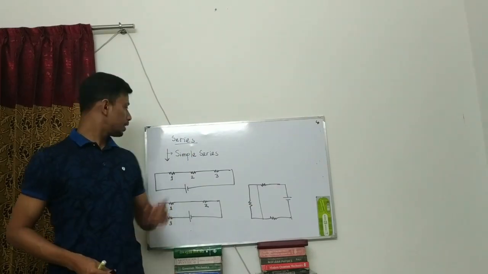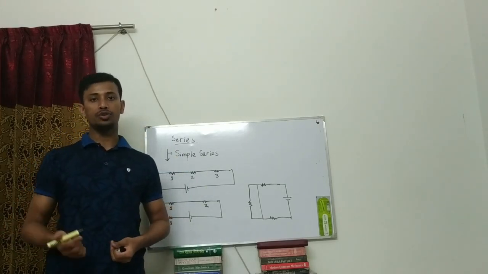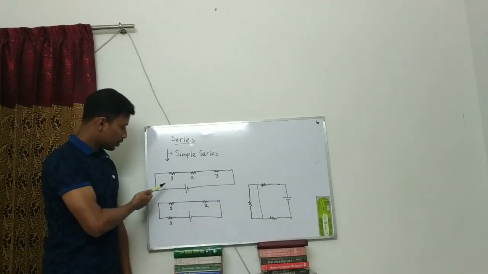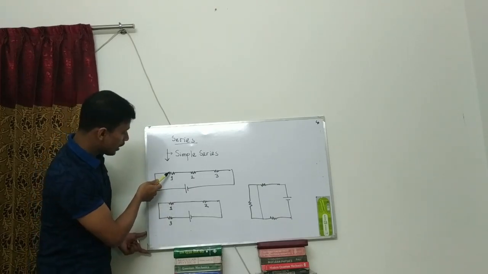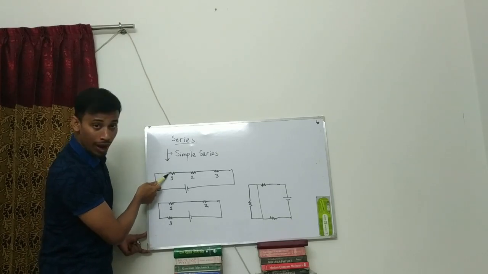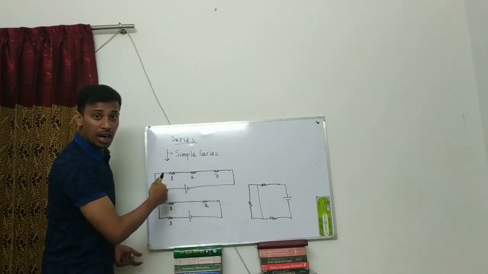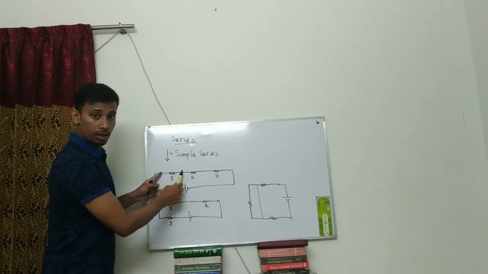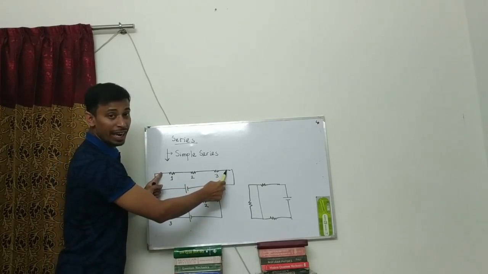Let's start with the simple series circuit. I already told you that simple series are the circuits which we know as the series circuits. Here is number one. As you can see, there are three resistances, 1, 2 and 3, and all three are connected one after another. This one's end point connects to the starting point of 2, its end point to the starting point of 3, and then 3's end point.